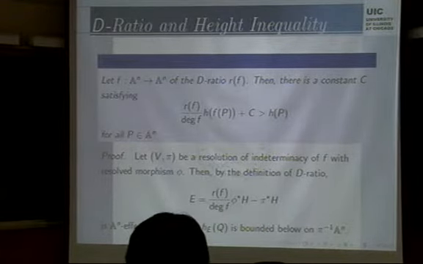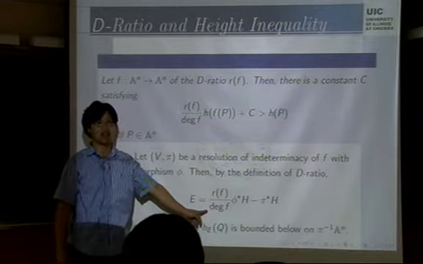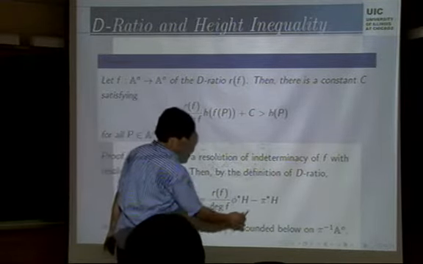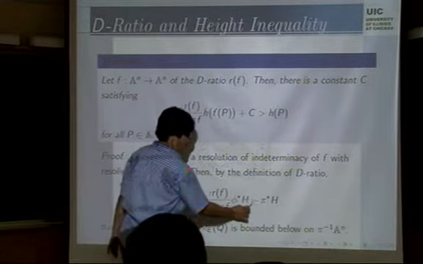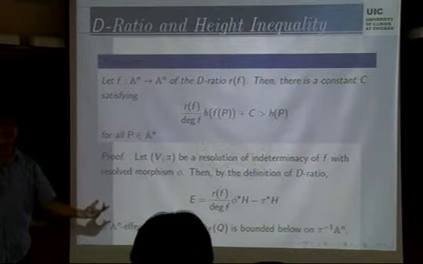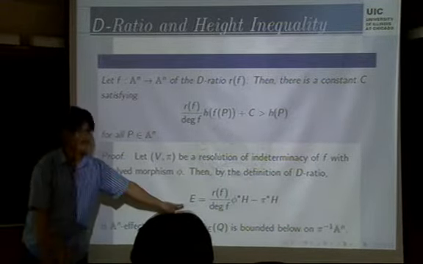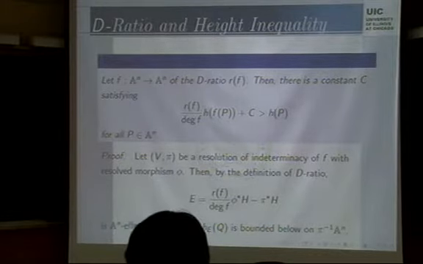That's not a surprising thing because I said the dynamical degree is constant, which makes the difference of this quantity times the pullback by the resolved morphism minus the pullback by your birational map an affine effective divisor. So the corresponding height is bounded below on affine space.